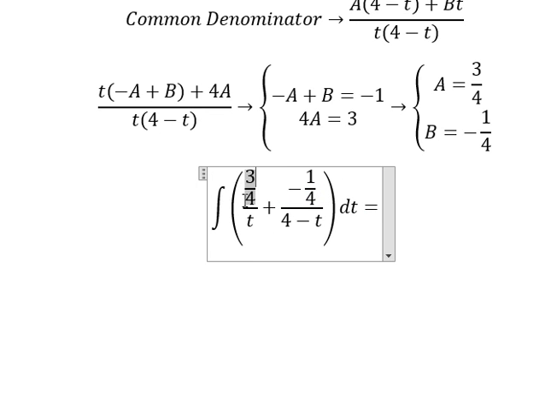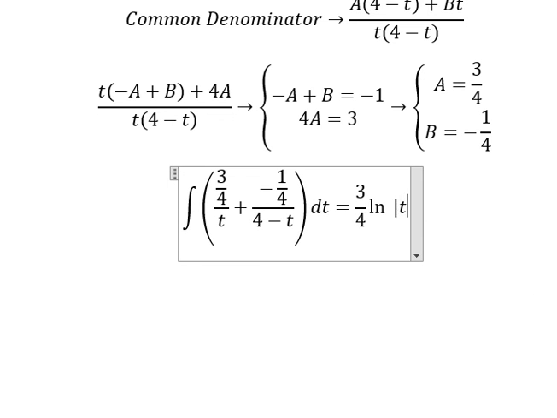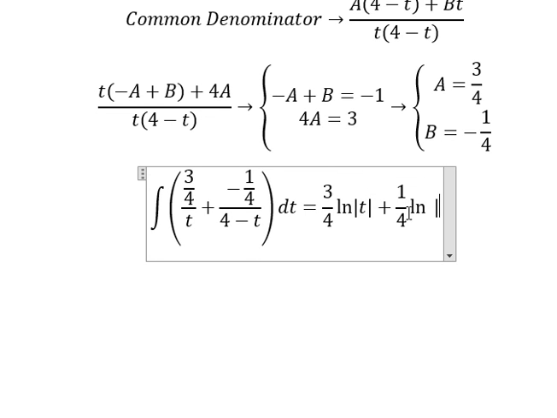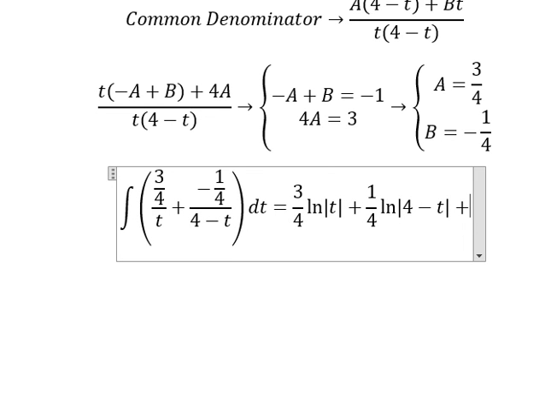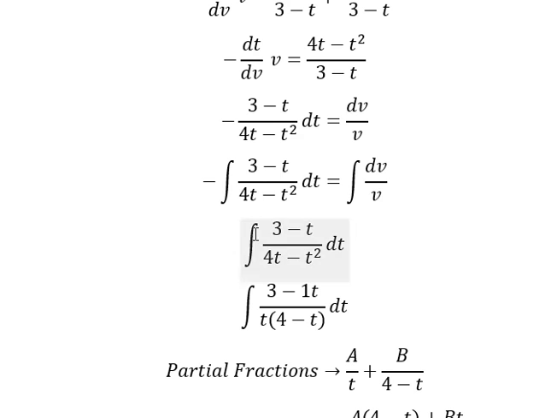So the integration of this one, we have 3 over 4 ln of the absolute value of t. The integration of this one, we have 1 over 4 ln of the absolute value of 4 minus t. And I will put c. Now we go back in here.